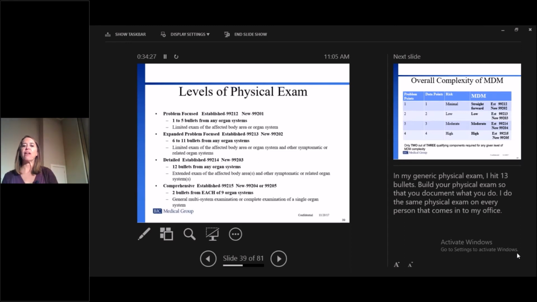But if you're trying to get a level 5 visit, then you're going to have 2 bullets from 9 separate systems. And in my generic physical exam, I hit 13 bullets. That's mine. You know, when you build your regular physical exam so that you document what you do, I do the same physical every time on every person, and I know I'm consistent with that.